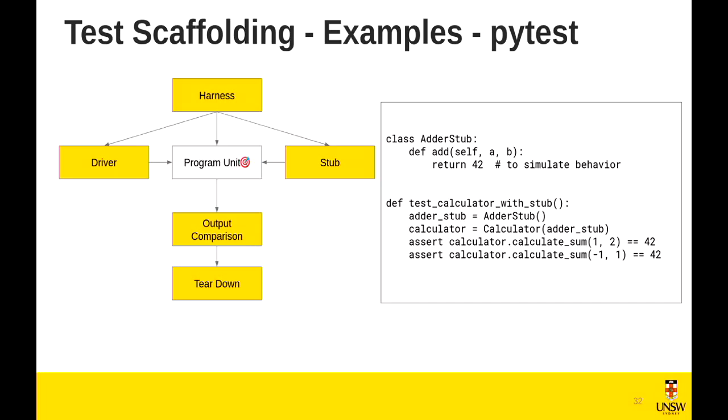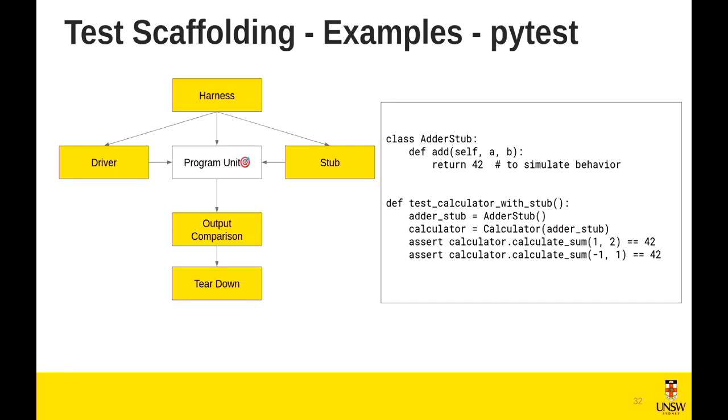So we could have a stub for the adder here, and then we can have these lines of code to do the actual testing. This is an example test case for testing the previous Java program we have seen just now. Let's try to match the structure from this code back to what we have learned.